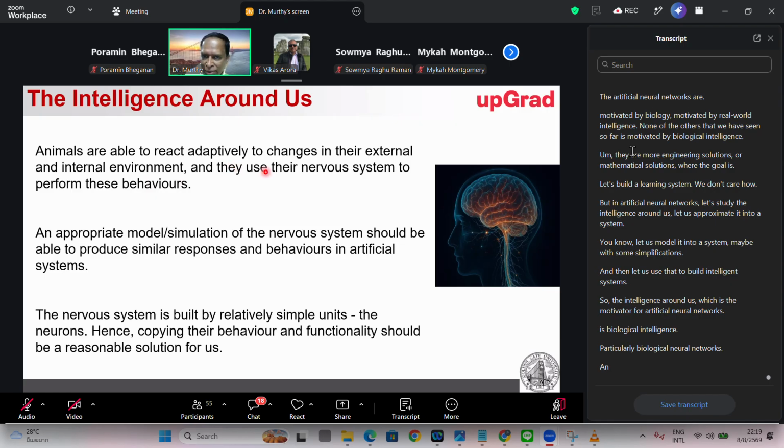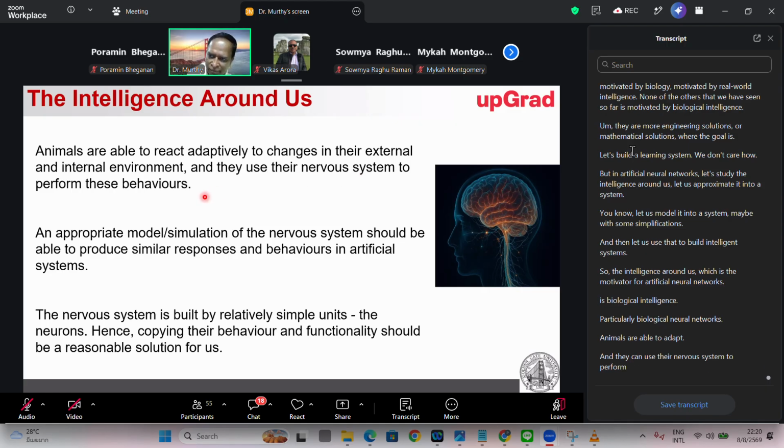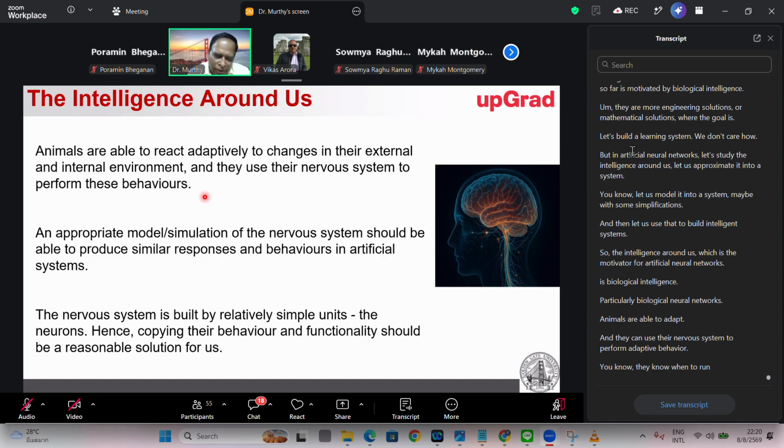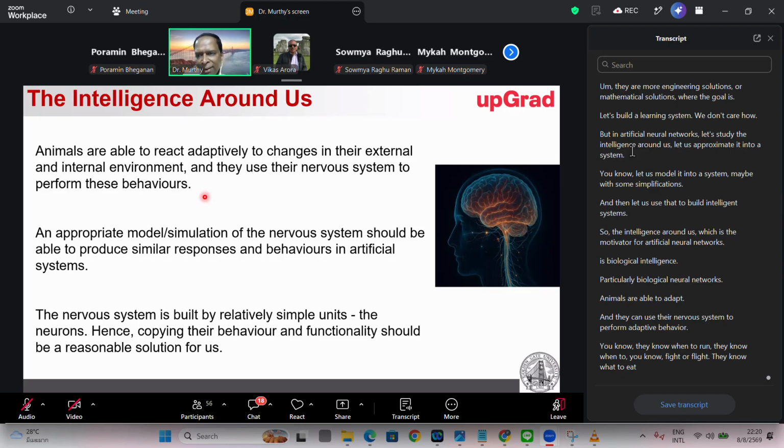Animals are able to adapt, and they can use their nervous system to perform adaptive behavior. They know when to run, when to fight or flight, what to eat, and they get used to a new environment.